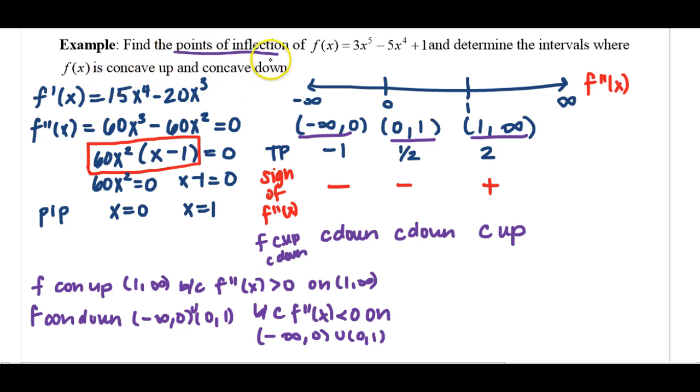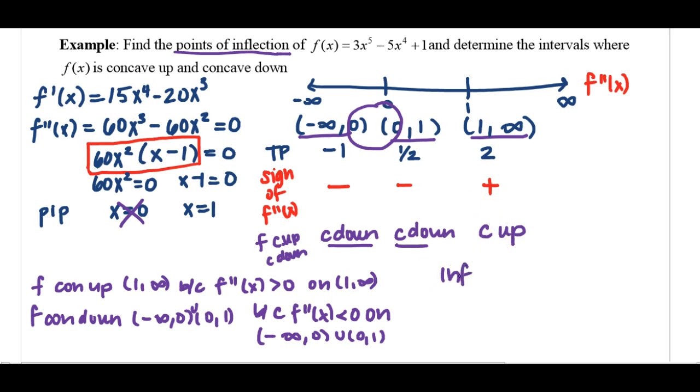But now inflection points. So it turns out that even though 0 and 1 were possible inflection points, we can eliminate 0 as an actual inflection point because concavity does not change at 0. So right here at 0, we stayed concave down over those two consecutive intervals. But at 1, we changed from concave down to concave up.